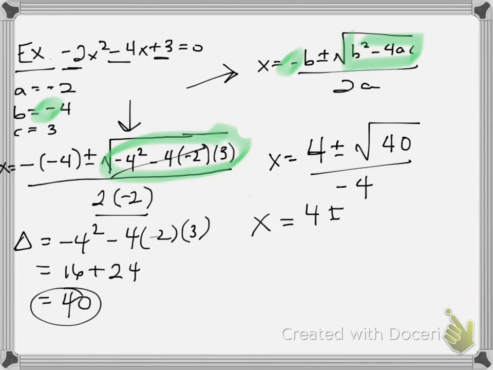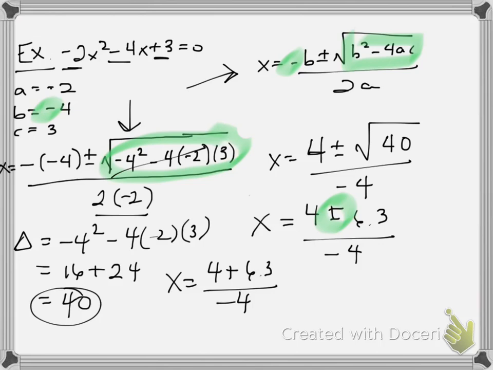So I'm just going to put 4 plus or minus 6.3 divided by negative 4. Now I break it up, remember, because of that plus or minus sign. So now I'm going to have x equals 4 plus 6.3 over negative 4 and x equals 4 minus 6.3 over negative 4.